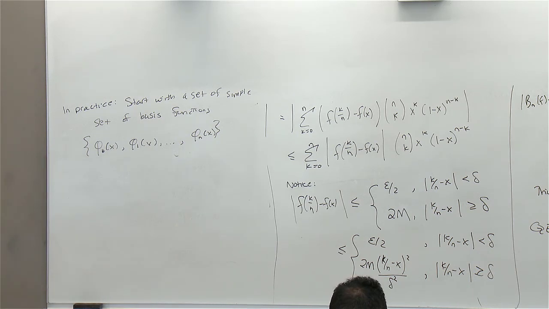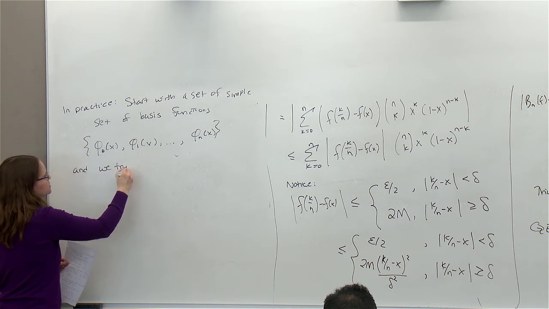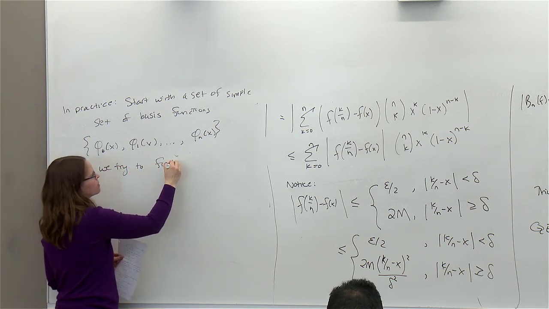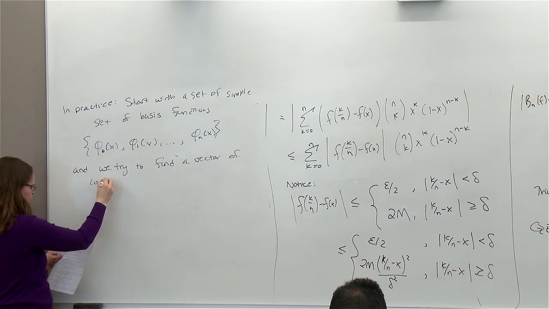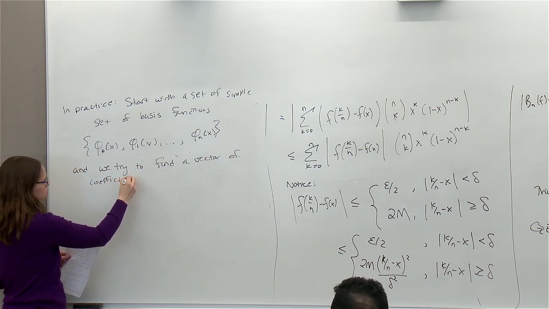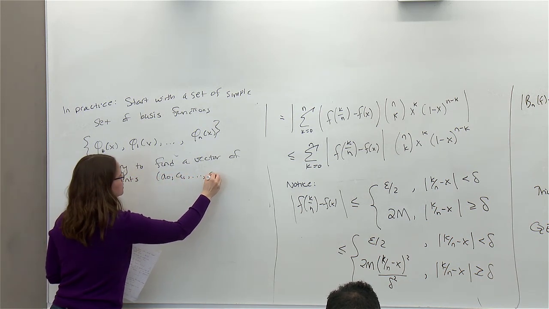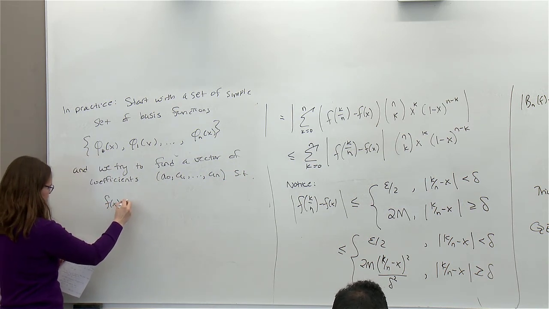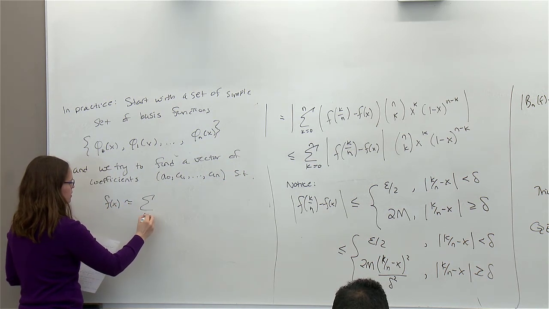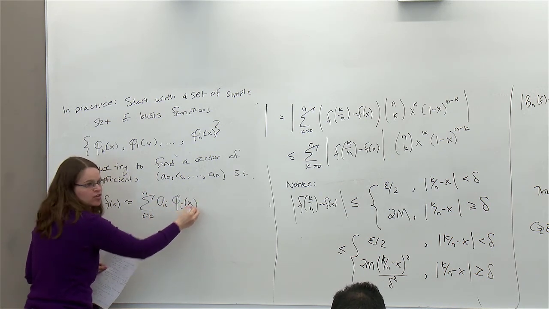And then we try to find a vector of coefficients a0, a1, up to an, so that f of x is approximately equal to a linear combination of these very simple basis functions.